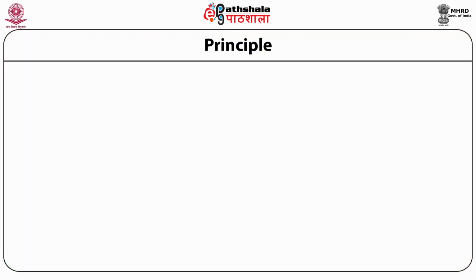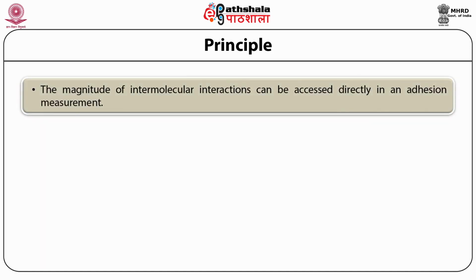Chemical force microscopy is what is being discussed here, and this is for instrumentation in particular. The principle which is involved is the following. The magnitude of intermolecular interactions can be accessed directly in an adhesion measurement.